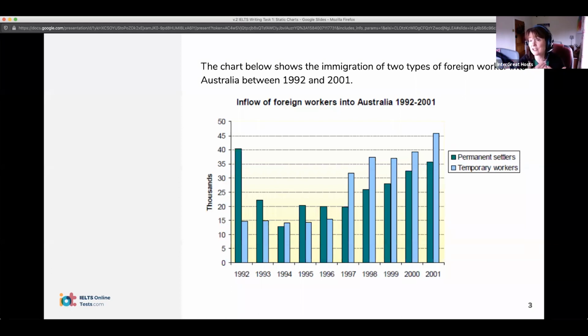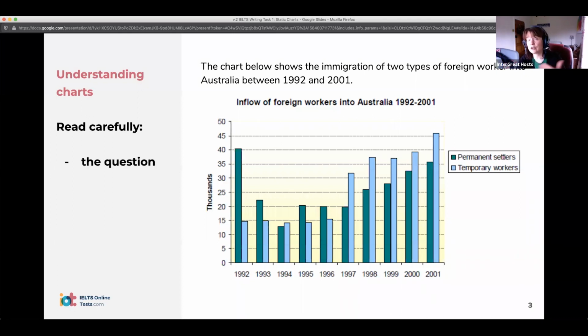Part of your task achievement is that the information you put down is completely accurate, and it can be quite easy to get some of it incorrect, which is a great shame because it's not even about the language, it's just about reading the chart.